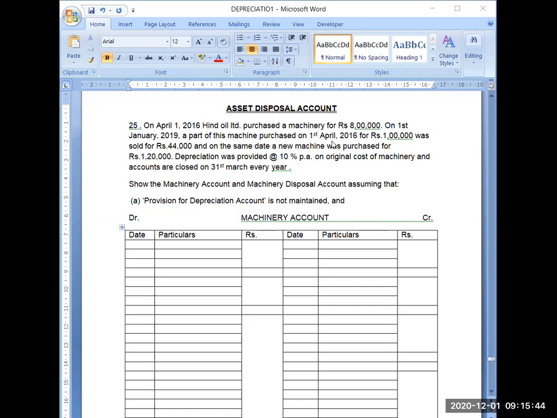And on the same date, a new machine was purchased for rupees 1,20,000. Depreciation was provided at the rate of 10% per annum on original cost of machinery, and accounts are closed on 31st March every year.